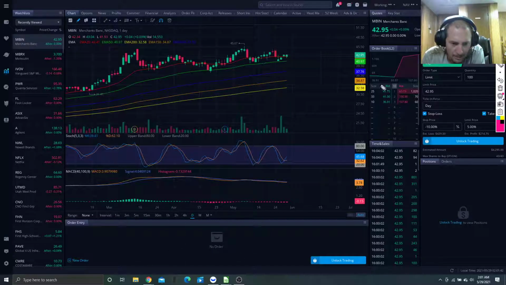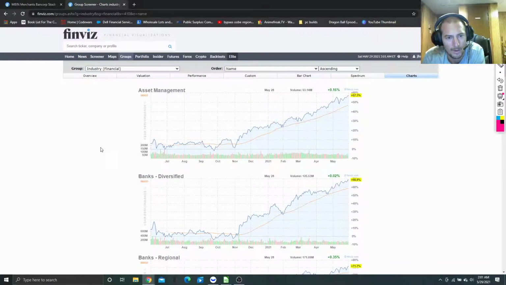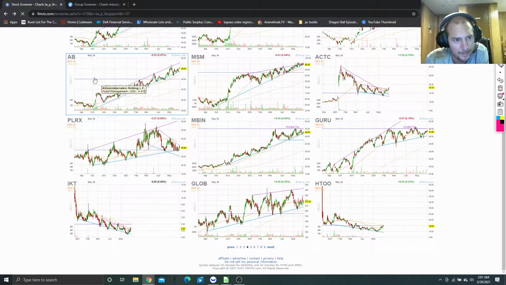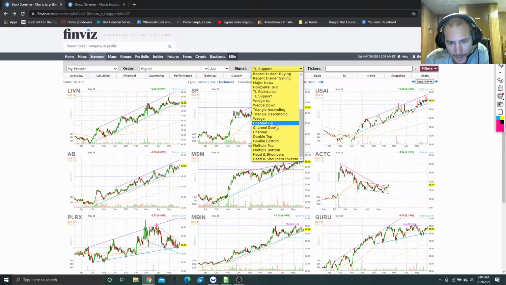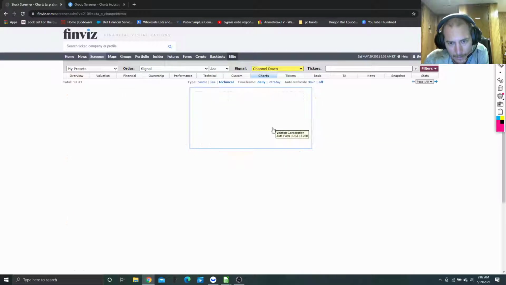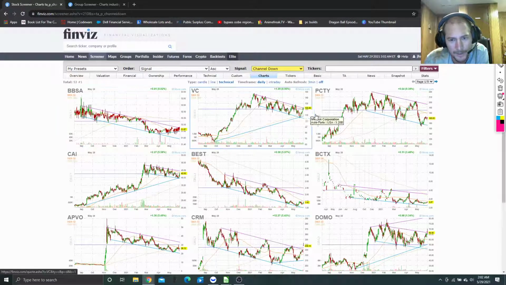So I'm just going to quickly go over how you can scan for short setups with this. It's exactly the same. So back in your screener here, only this time we would look for channels down, and you look for that.